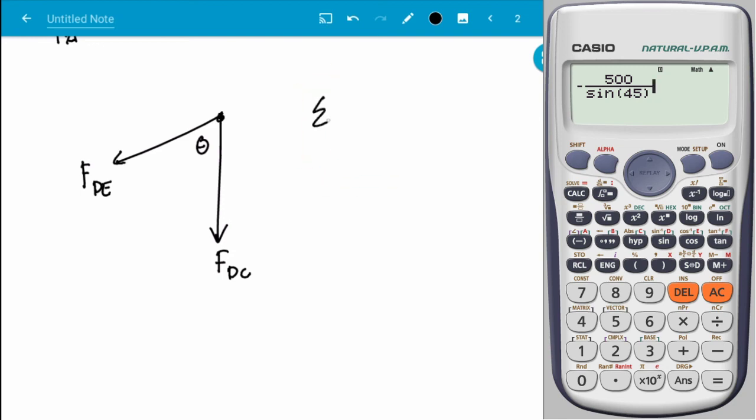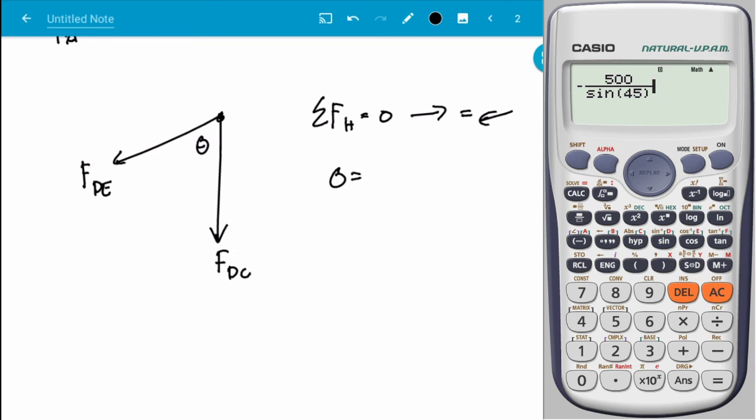Okay? So, I will try to sum up forces horizontal muna. Sum of forces horizontal is equal to 0, to the right equals to the left, no? Ano yung forces ko to the right? Wala. Di ba? 0. Ano yung forces ko to the left? Meron actually. Ito, yung component ng DE.